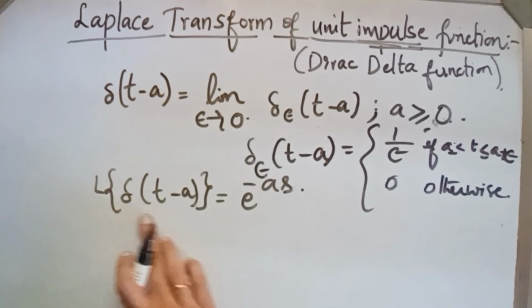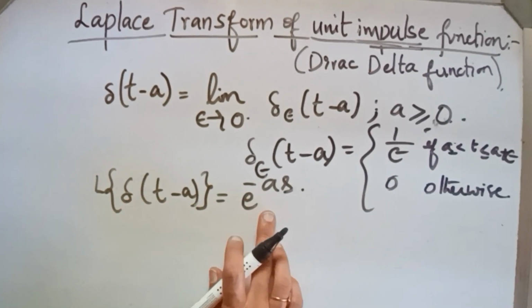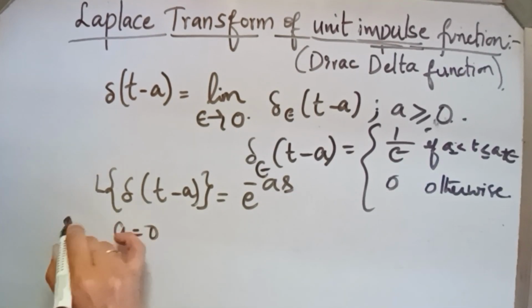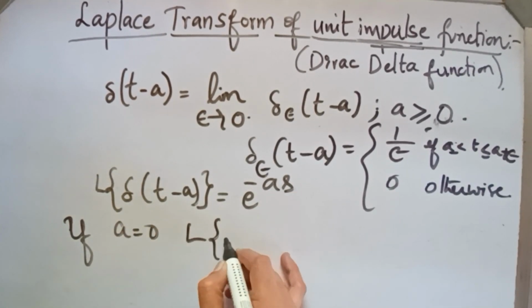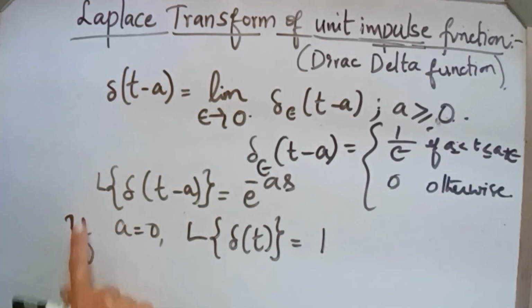Now it is just the Laplace transform of this Dirac delta function, which is given by e power minus as. So if a equals 0, the Laplace transform of delta of t is equal to e to the power 0, that is 1. You have to remember this formula.